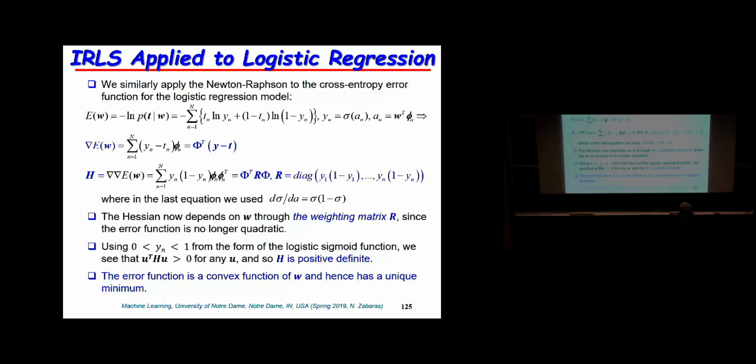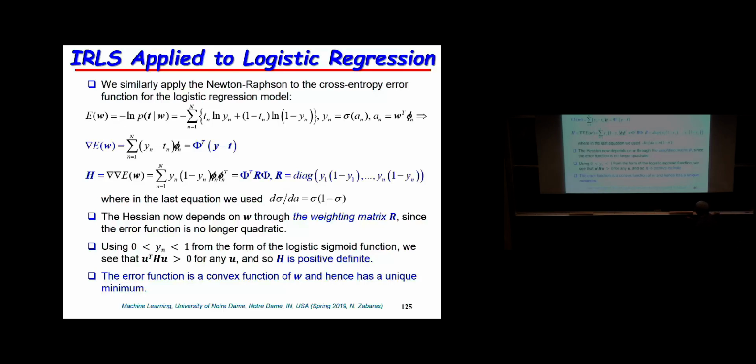So if you write this in a matrix form using the design matrix phi, remember design matrix phi, when you start the problem, that's the first thing you do. If you want to put it in a compact notation, and you put all the model predictions y in a vector form, and all the target values in a vector form, you get phi transpose (y minus t).